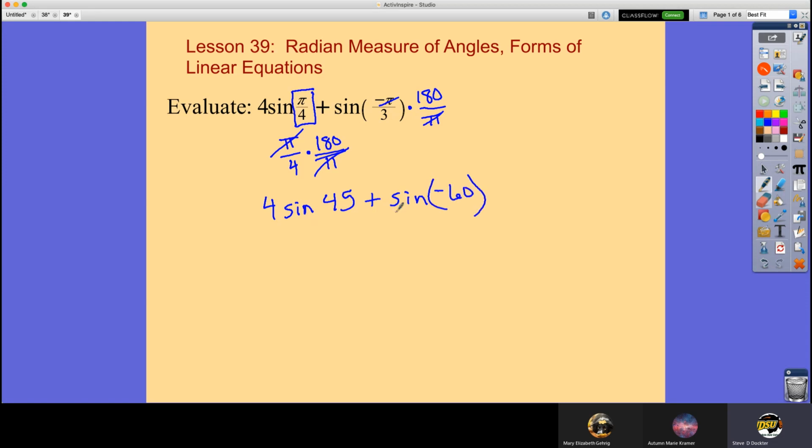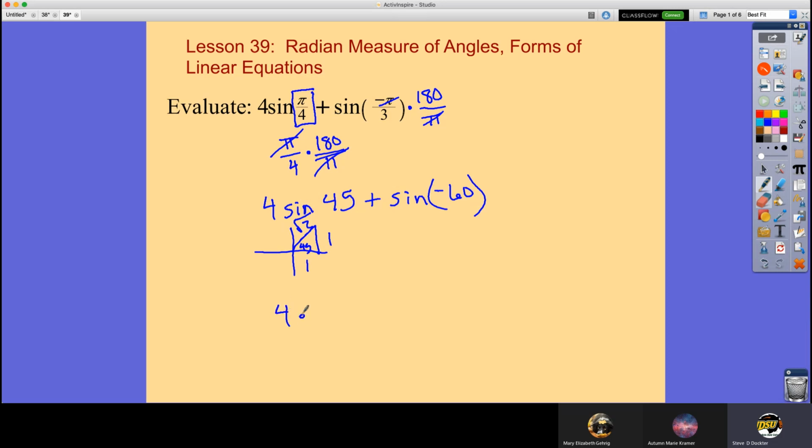All right, from there, what do we have to do? We have to graph them. So sine of 45 degrees, we're in the first quadrant. Reference angle of 45 means we've got 1, 1, square root of 2. Signs are all positive for that because it's in quadrant 1. So we take sine of the angle, which would be opposite over hypotenuse.